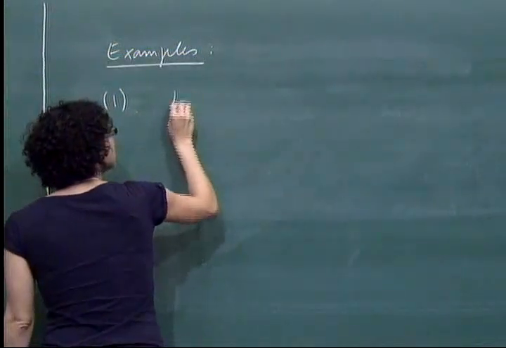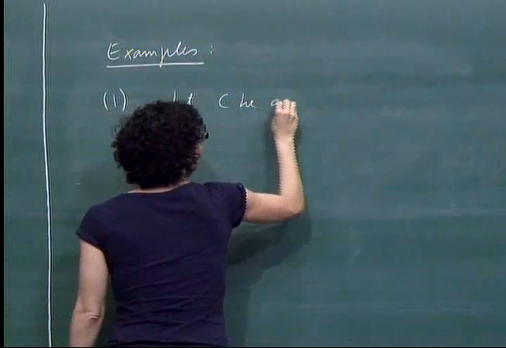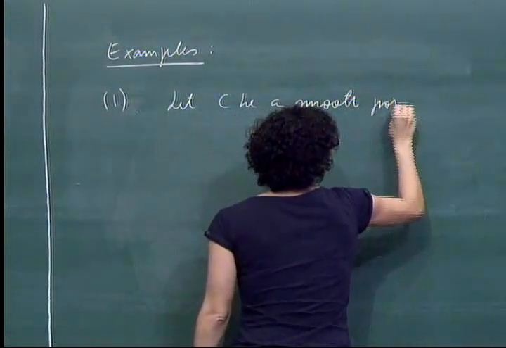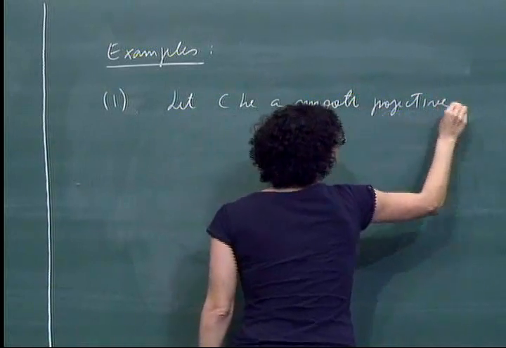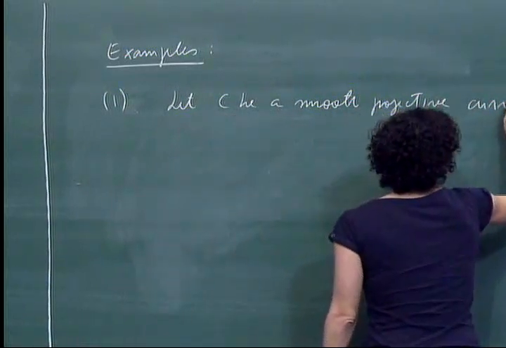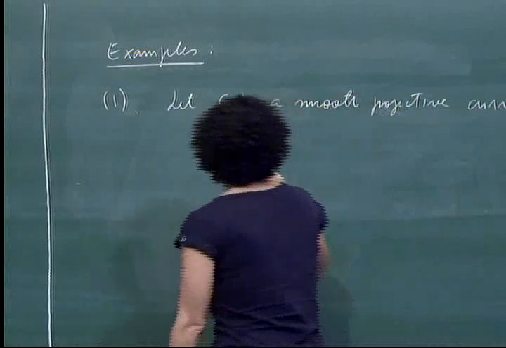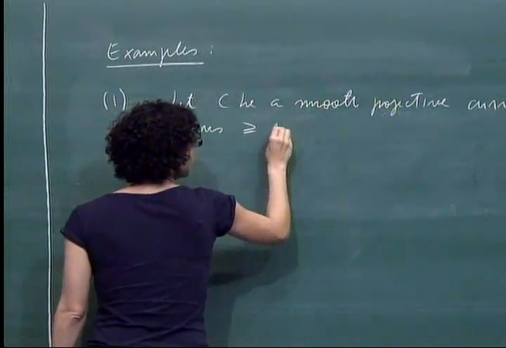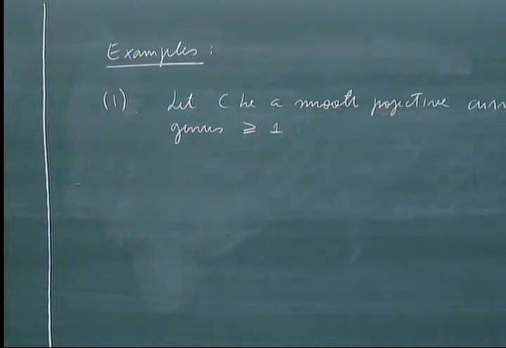So let C be a smooth projective curve of genus at least 1.